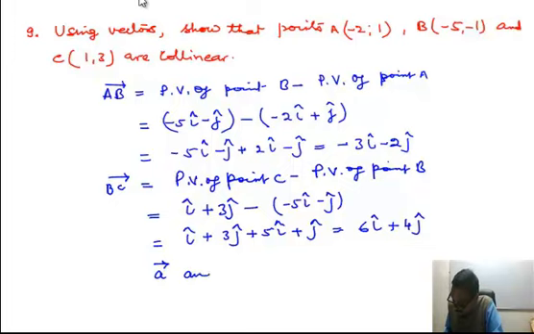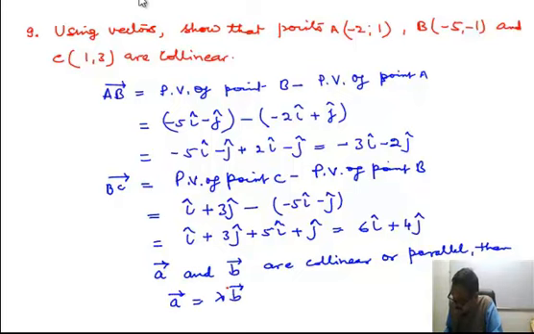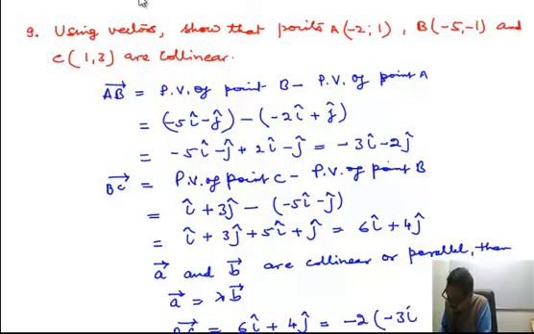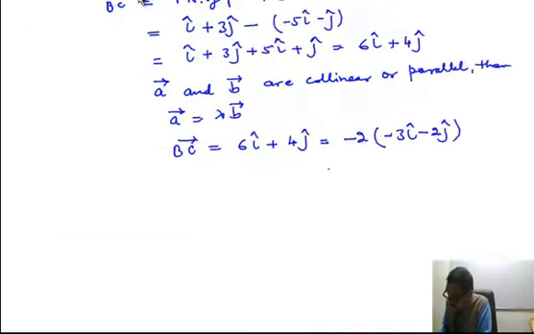If A and B are collinear or parallel, then we have studied that A should be equal to lambda times vector B. So here we find that BC vector can be written as 6 i cap plus 4 j cap, which is equal to, if I take -2 common, I obtain -3 i cap minus 2 j cap, that is -2 times vector AB.